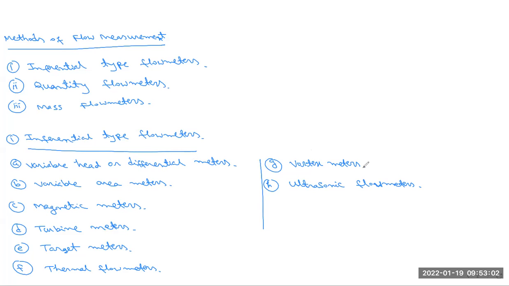Then there is the vortex meter, and another is the ultrasonic flow meter. So these are the categories in the classification of inferential type flow meters. First we go to the variable head type of differential meter. Is this clear to all of you? This is the classification of the different inferential type flow meters. Is it clear?